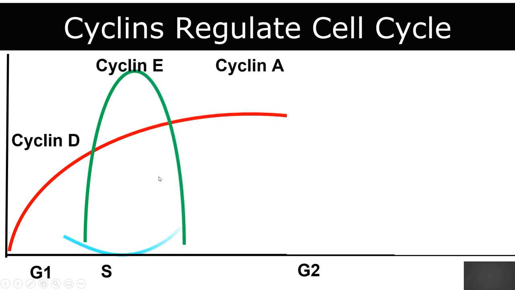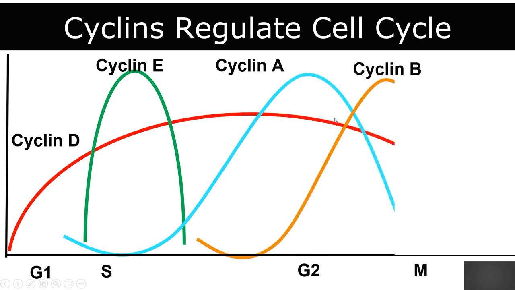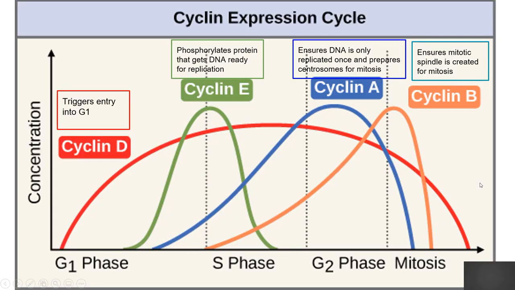And then before we exit S phase towards the end, cyclin A is what actually triggers the replication of DNA. And then as we enter G2 towards the end, you will see an increase in cyclin B, which is promoting those spindle formations. And then as you exit the cell cycle, the levels of all of them are going to drop off.